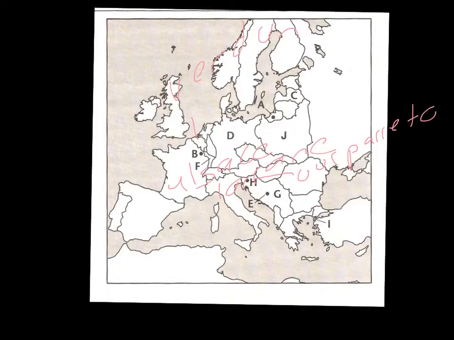G is Yugoslavia. And E, you can see E is actually pointing to that, would be Sarajevo. J would be Poland. C would be Latvia.